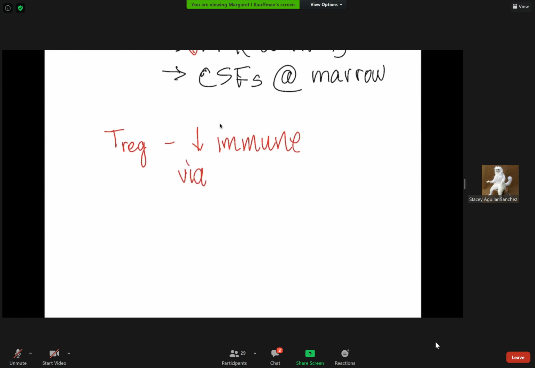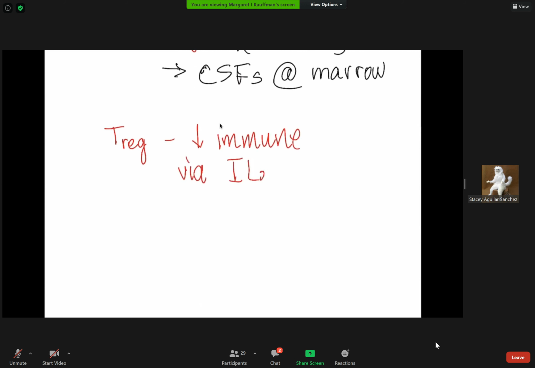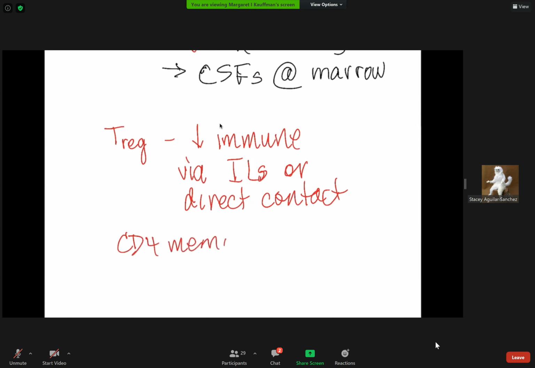So they prevent autoimmune reactions because they suppress self-reactive lymphocytes in the outside of the lymphoid organs. On the other hand, memory CD4 T cells are descendants of activated B cells, which are generated during initial immune responses. They can exist in the body for years, and this basically enables the body to respond faster and more efficiently to later encounters with the same antigen.